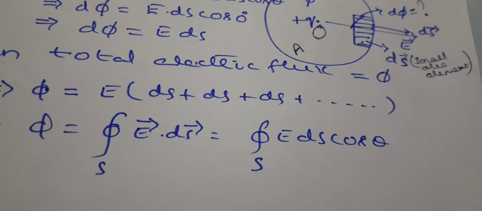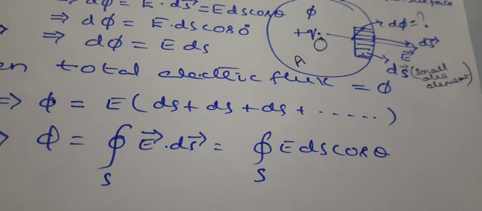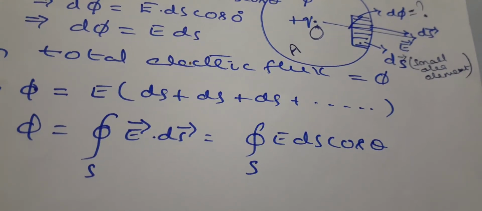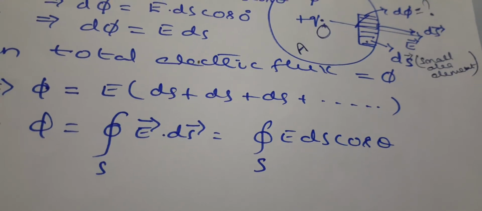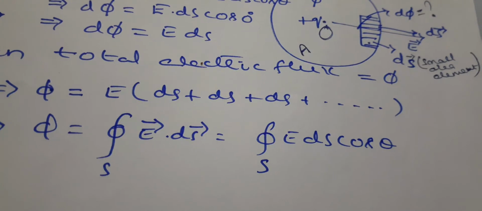That is why the total electric flux in that closed surface can be written as phi equals the integral of E bar dot dS bar. But on the integral there is a circle, which indicates closed, and below the integral symbol S is there.